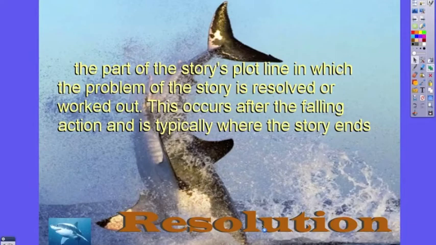The only real exception to this is where modern day writers try to give us a little twist at the end of the story that makes us kind of doubt the resolution. But it's important to notice the story still has a resolution. Just because you may get that little twist at the end of a story doesn't mean it doesn't have a resolution. It means it's adding to the end.